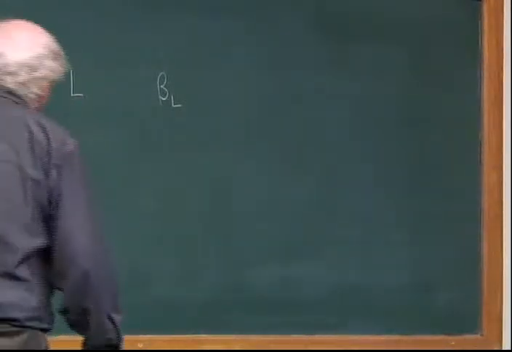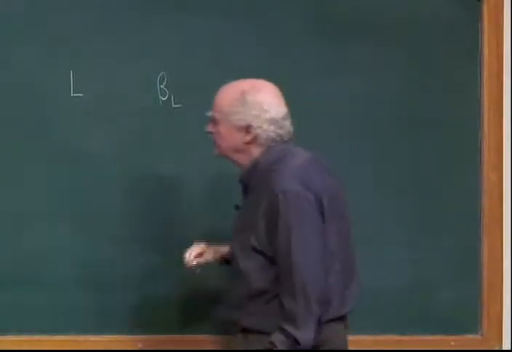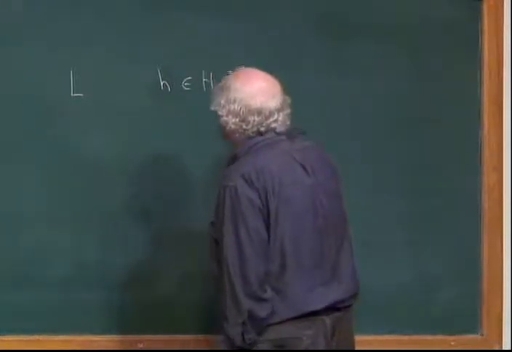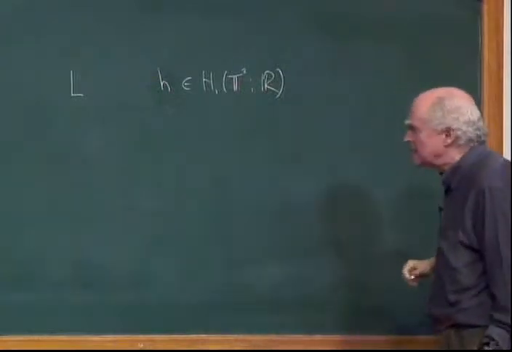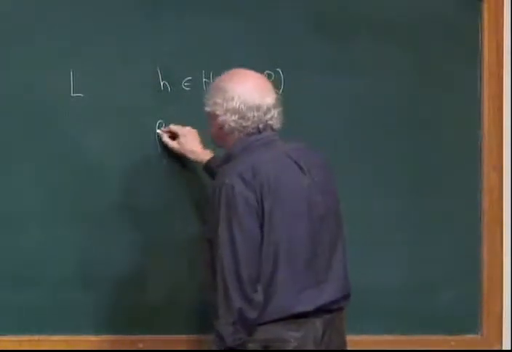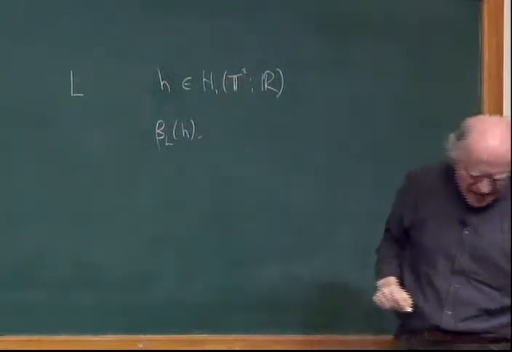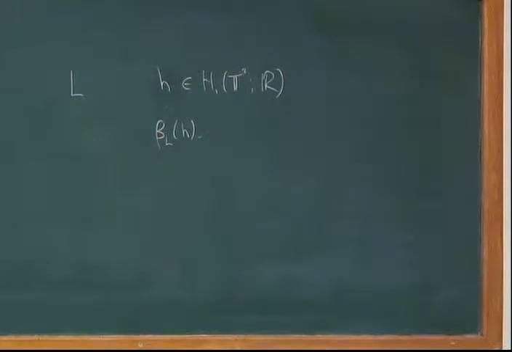If I have a homology class H in H1 of T2 with coefficients in R, where T2 is the state space, then there's a quantity associated to it, beta L of H. I said these Aubry sets are defined by a certain action minimizing principle, and there's an average action associated to it.